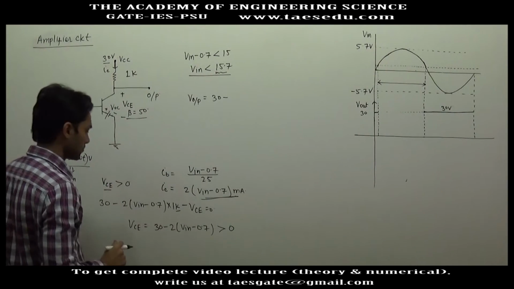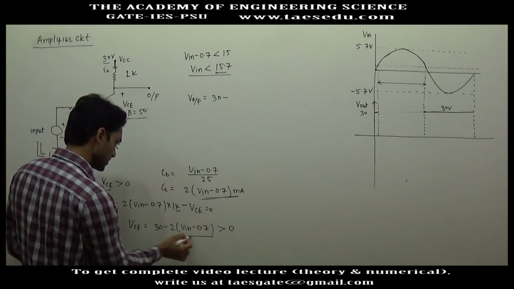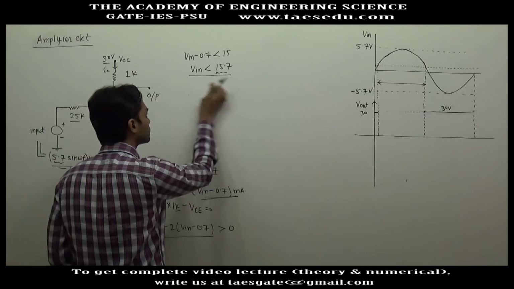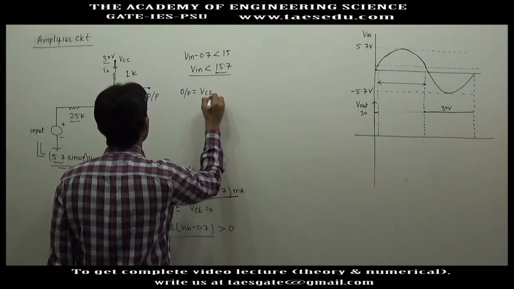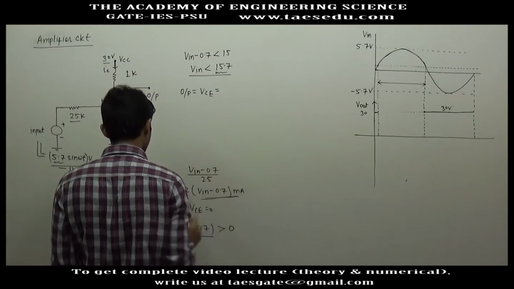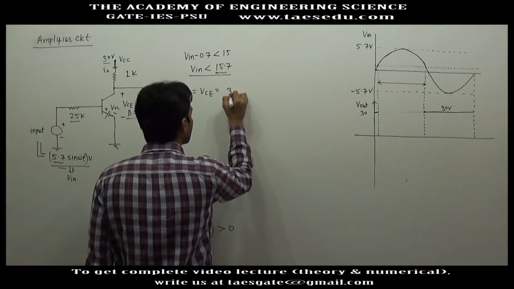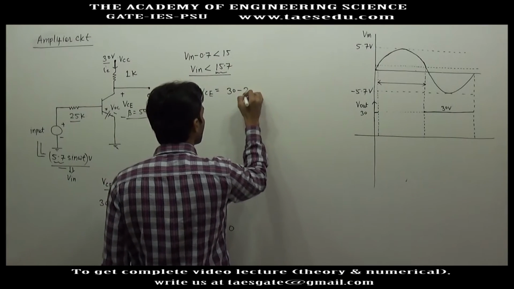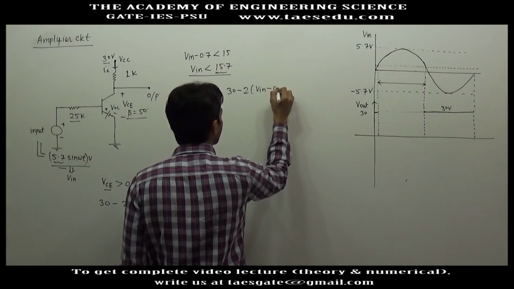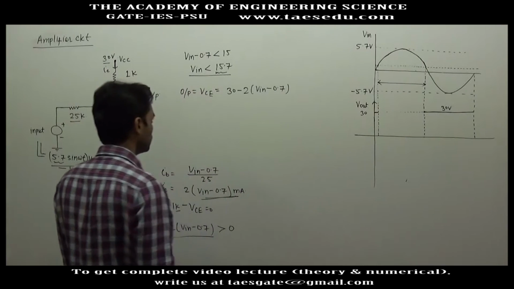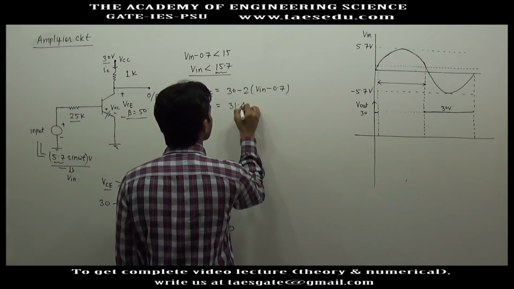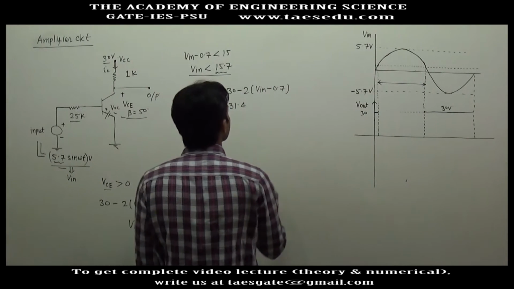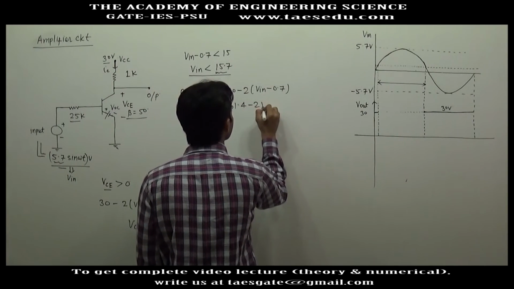So what is VCE? VCE is 30 minus... output voltage is nothing but VCE. This is equal to 30 minus 2 into V input minus 0.7. This will be 31.4 minus 2V input.